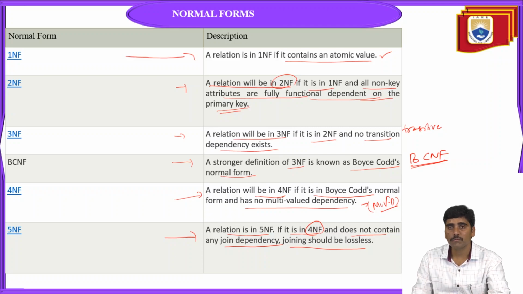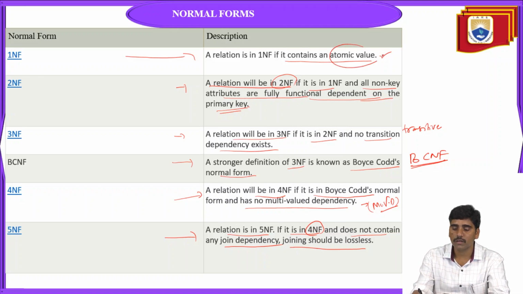So here are the normal forms and their descriptions. A relation is in first normal form if it contains atomic values. If it is in second normal form, it is in first normal form and also all non-key attributes are fully functionally dependent on the primary key.